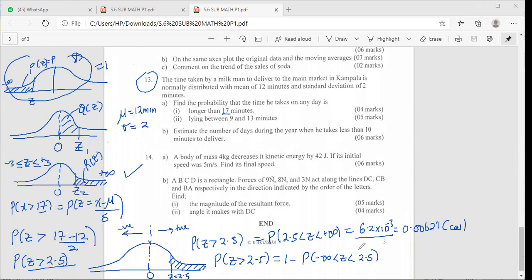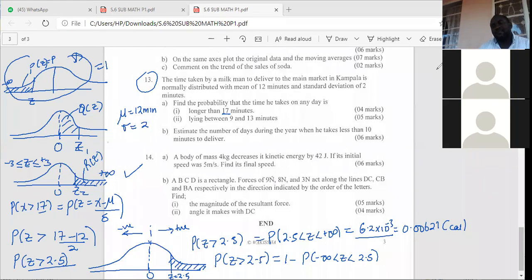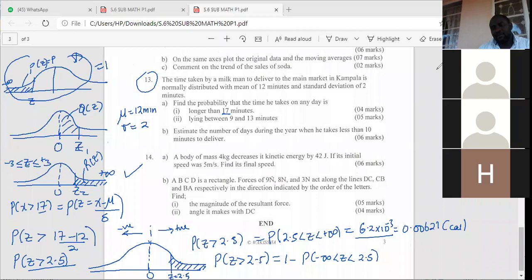What calculator are you having? Can you show me on the screen? Put your video on. Let me see the calc you have. So I have Casio. FX what? FX 991 MS. 991 MS. Okay, let us do it again. Maybe it's a fake one, but let's try again.